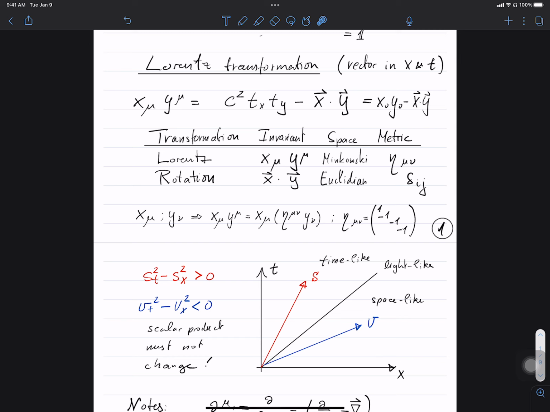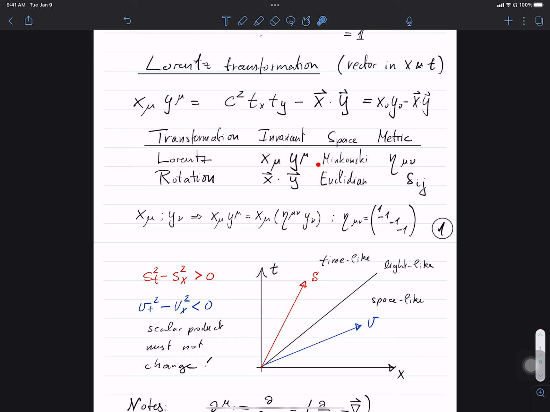So just to compare those two, we could look at different transformations. We could look at Lorentz transformations or rotations in 3-dimensional space or in 4-dimensional space-time. The invariance would be, for the Lorentz transformations, the scalar products of 4-vectors. For the rotations, it would be the scalar products of ordinary vectors.